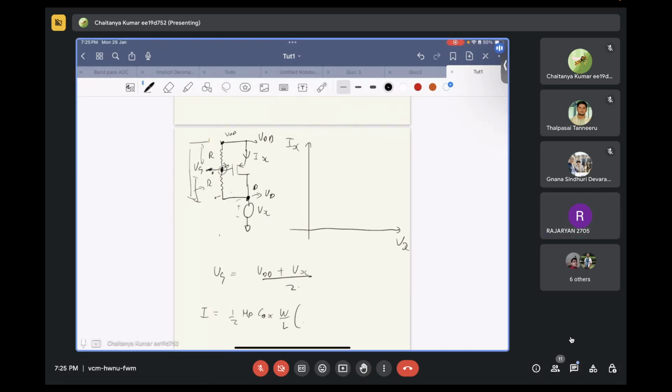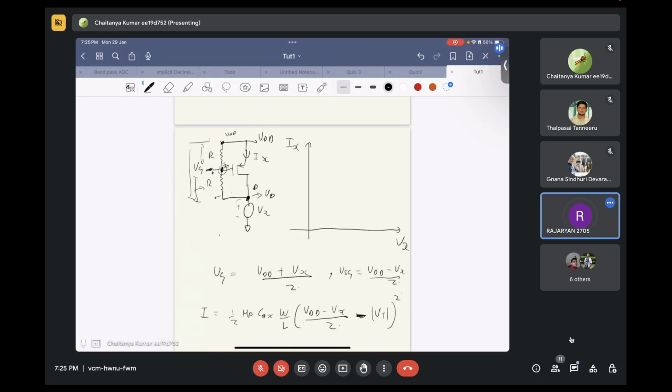No, VGS minus VT is for NMOS. For PMOS, it is VSG minus modulus of VT. So what is VSG? Source to gate voltage, VDD minus Vx by 2. So I equals half mu p Cox W by L times (VDD minus Vx by 2 minus modulus of Vt) whole square.